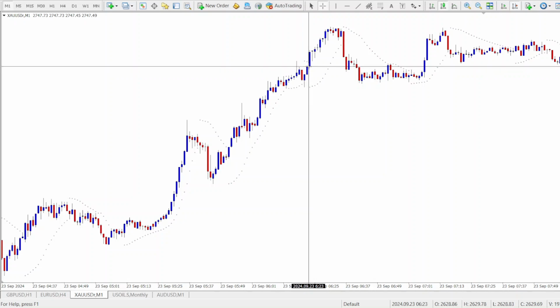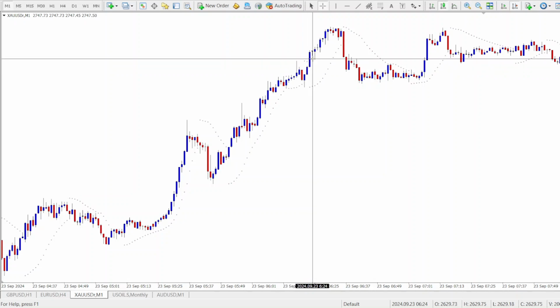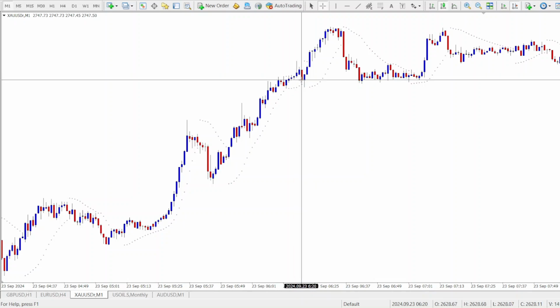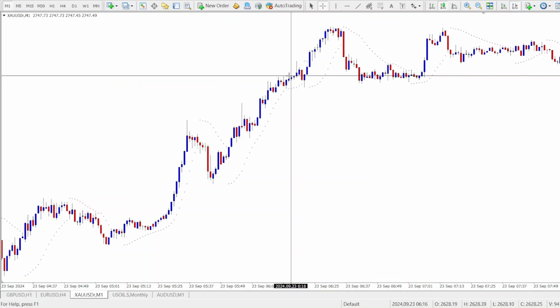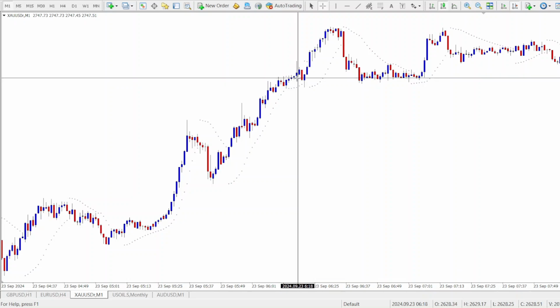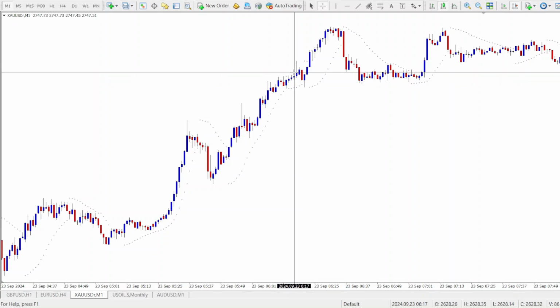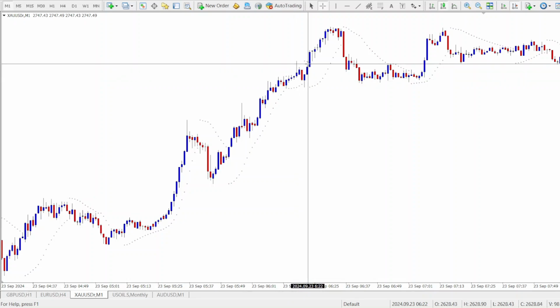And then when you have a dot form above the candlestick, you can enter a sell. In this case, if we are trading that way, we would have gotten stopped out. In this case again, we would have gotten stopped out for a sell.